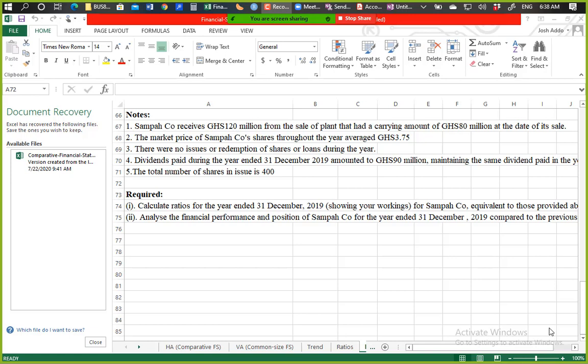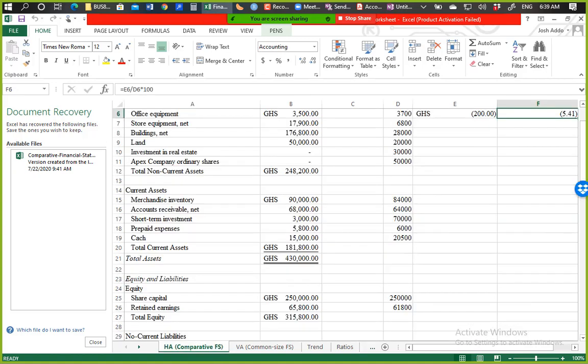Okay, so let's see what we can do for today. Today is going to be the end to the topic financial statement analysis. By way of recap, by way of review, what we did yesterday was to look at financial statement analysis tools.